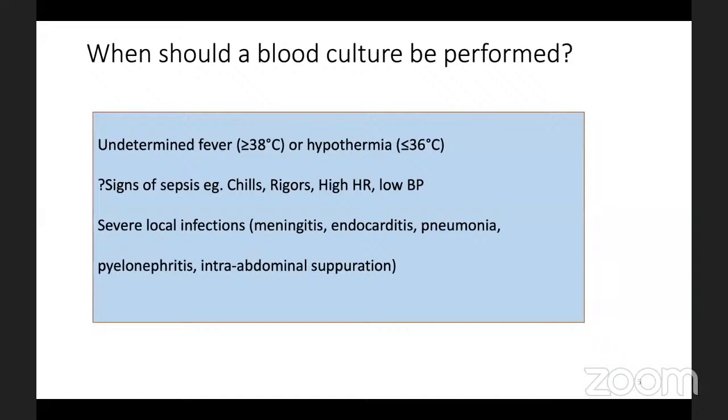The indications for blood culture include undetermined fever above or equal to 38 degrees Celsius, hypothermia, signs of sepsis such as chills, high heart rate, low blood pressure, rigor, or some severe local infections, where a physician can request a blood culture.